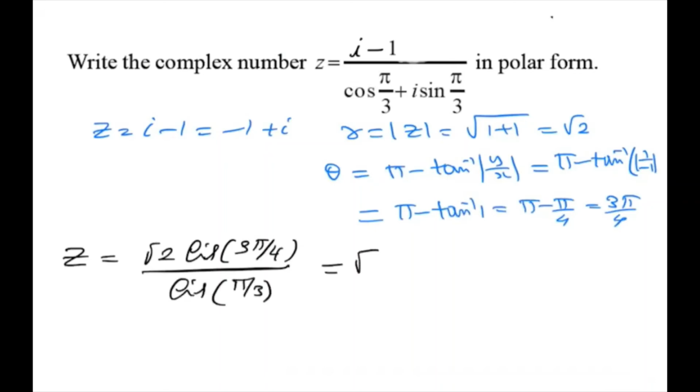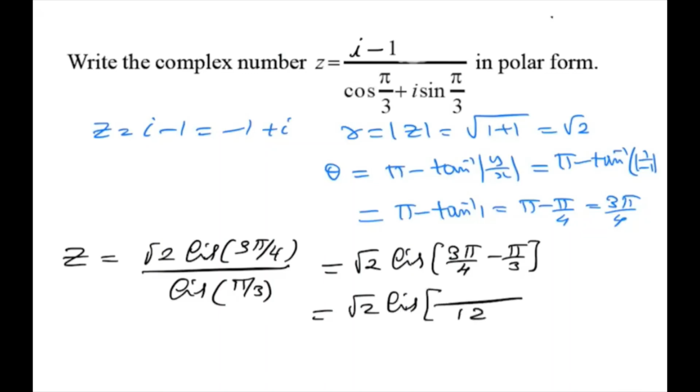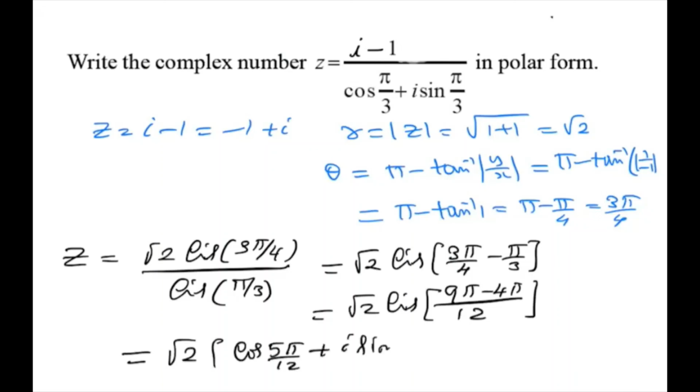As before, you can write this as root 2 times cis of 3 pi by 4 minus pi by 3. That becomes root 2 times cis of (9 pi minus 4 pi) upon 12. That is 5 pi by 12. Root 2 times cos of 5 pi by 12 plus I sin of 5 pi by 12 is the required polar form.